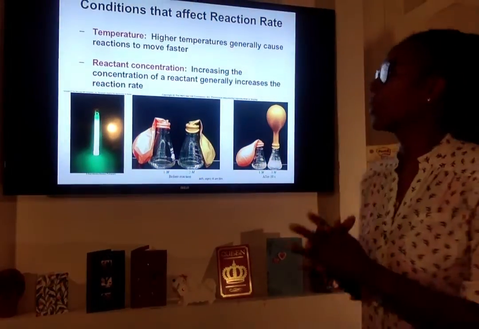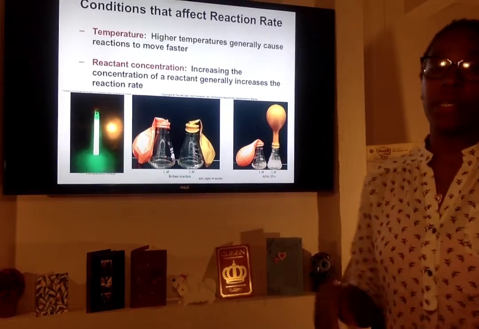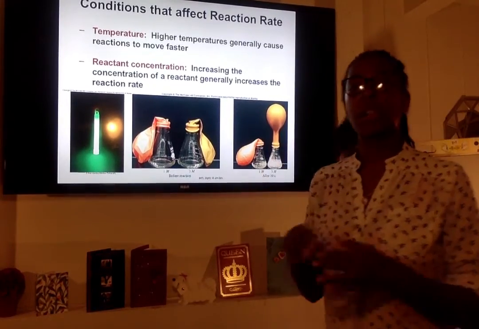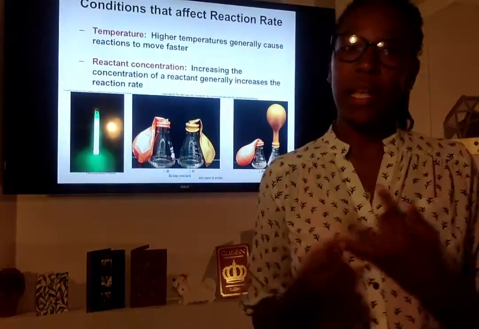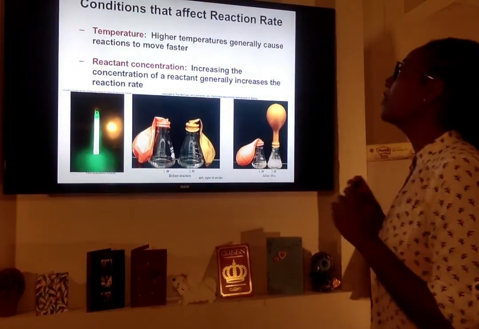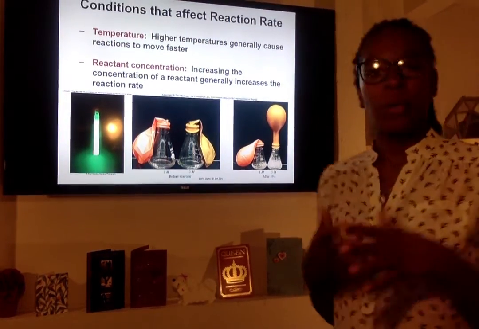All right, so conditions that affect reaction rate. We talked about temperature, reactant concentration, surface area, as well as the presence of a catalyst, right? So for temperature, the higher the temperature generally causes reactions to move faster, which makes sense, right?